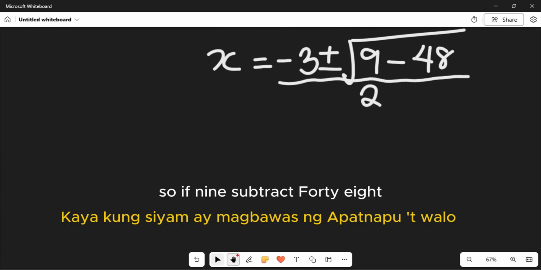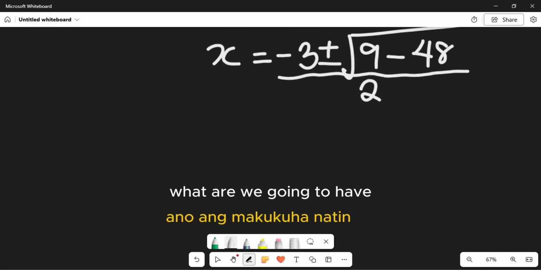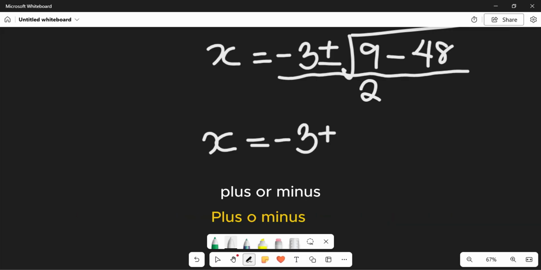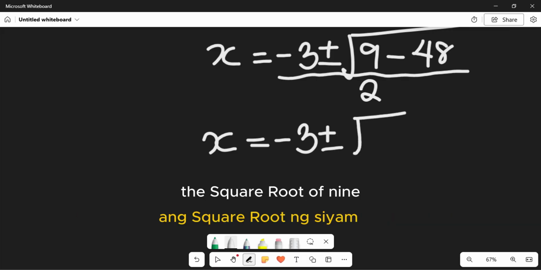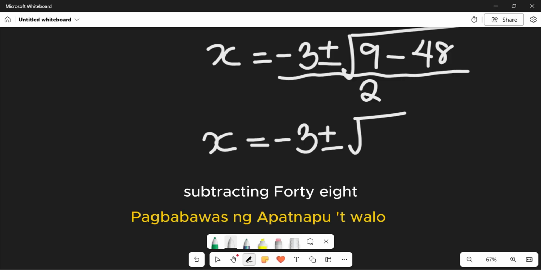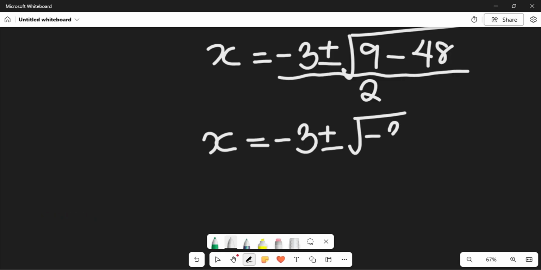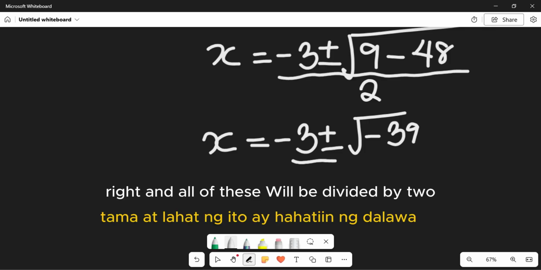So if we subtract 9 minus 48, what are we going to have? We'll have x equal to negative 3 plus or minus the square root of 9 minus 48, which is going to give us negative 39, right? And all of these will be divided by 2.